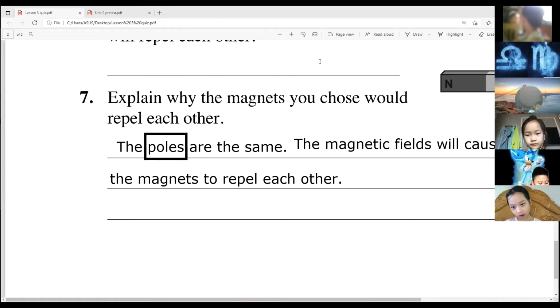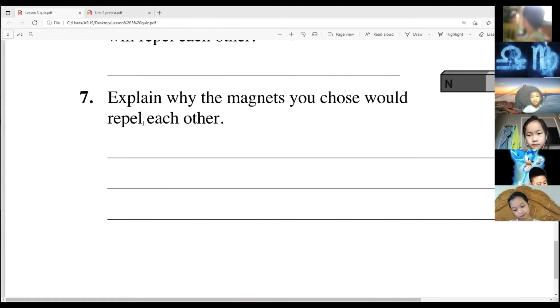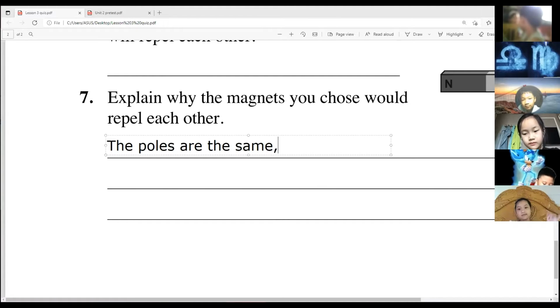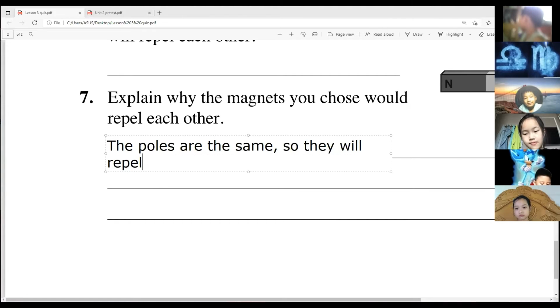And guys, if you're going to write the poles are the same, after you say that, you should say, so they will repel each other. This should be your first sentence. So they will repel each other.